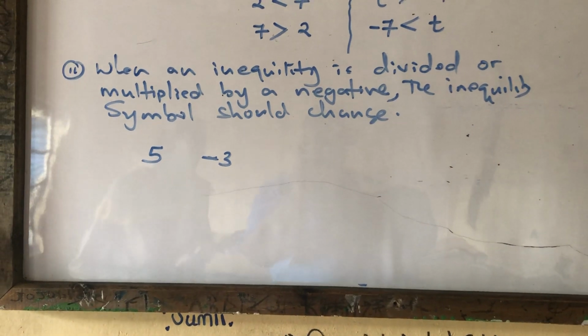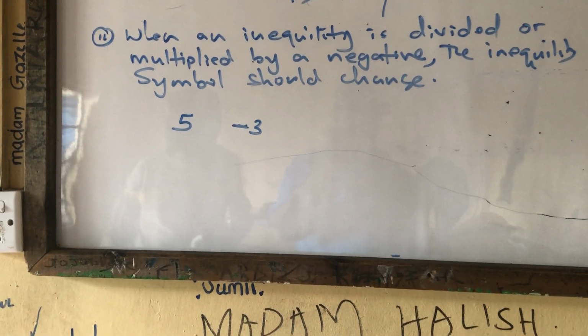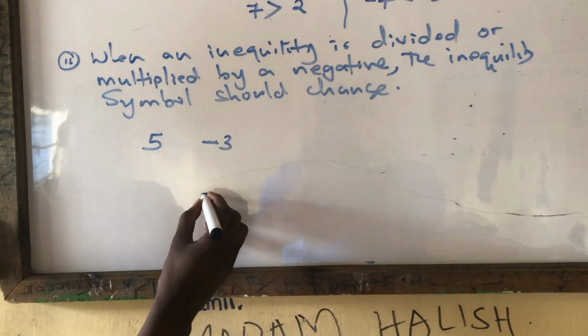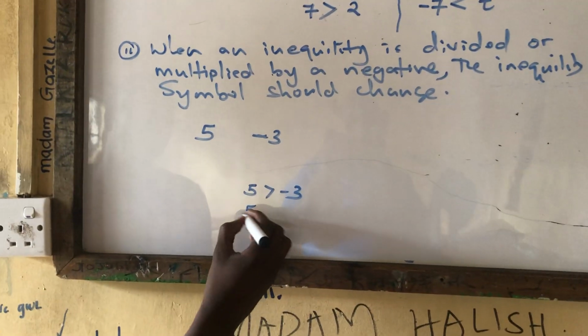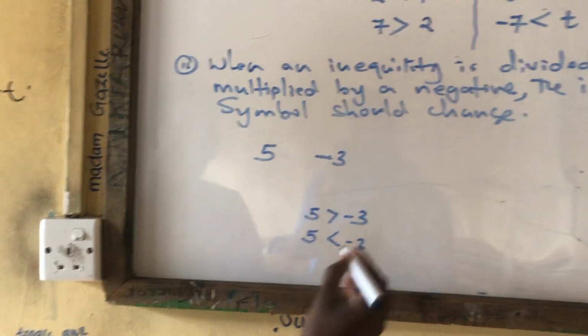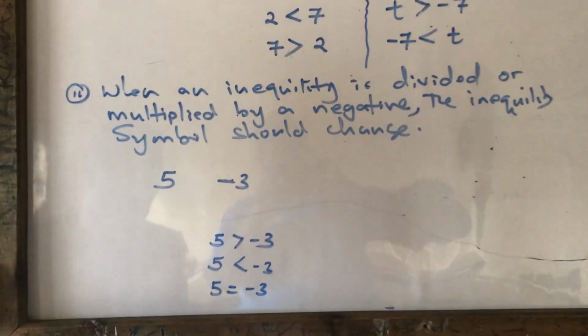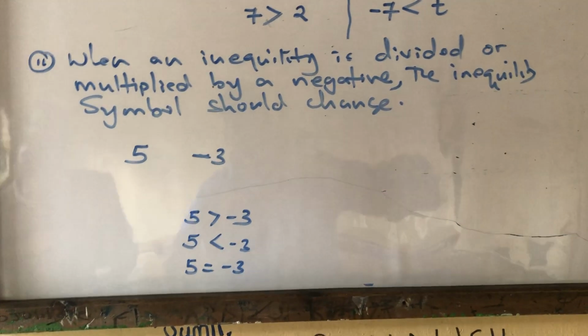Which is the correct inequality symbol to put between the two numbers? Do we say that 5 is greater than -3? Or 5 is less than -3? Or 5 is equal to -3? Which of those three would you consider to be correct?